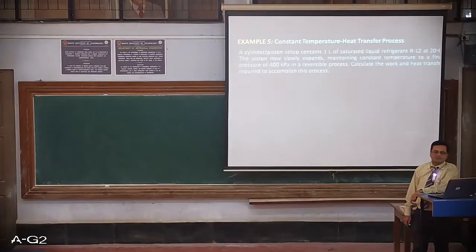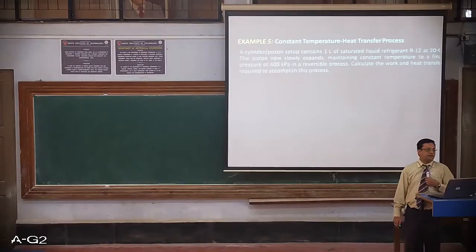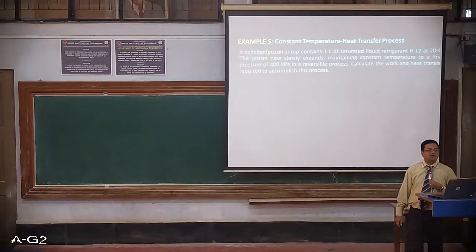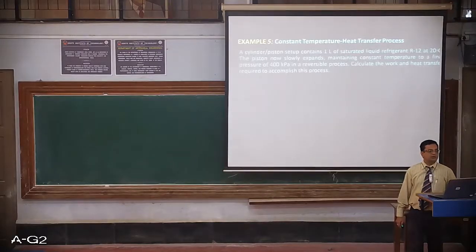The given temperature is 20 degrees Celsius. The piston now slowly expands, maintaining constant temperature to a final pressure of 400 kilopascal in a reversible process. Calculate the work and heat transfer required to accomplish this process.